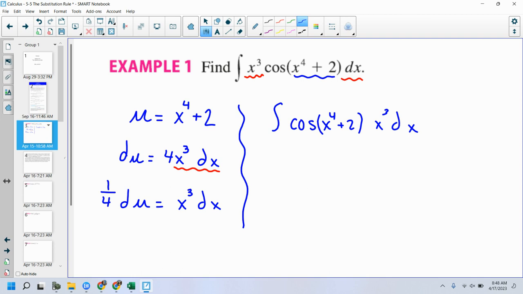All I did was move it around. So I'm going to substitute in 1/4 du, and a u is going to go in for that. So this is going to be cosine of u, since we defined x to the fourth plus 2 to be u, and we know x to the third dx is 1/4 du.